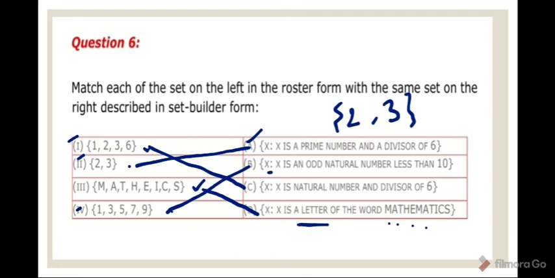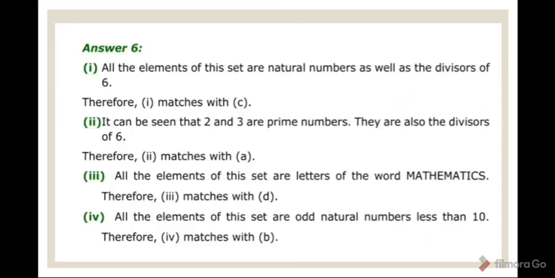C is the collection of those x where x is a natural number and divisor of 6. Obviously 1, 2, 3, 6 are the natural numbers which are divisors of 6. So 1 will match with C, 2 will match with A, 3 will match with D and 4 will match with B. Okay. So here all the explanations are given, just check it once.